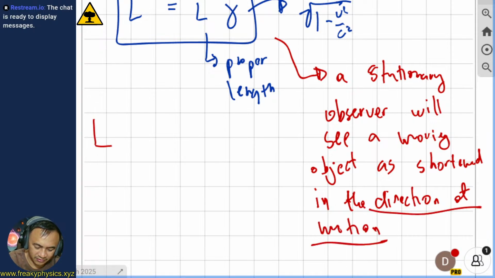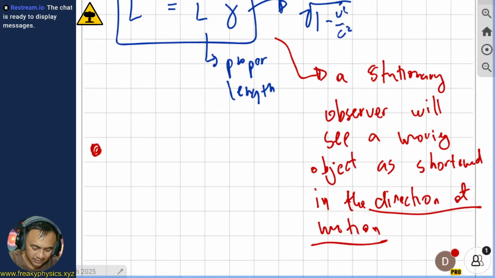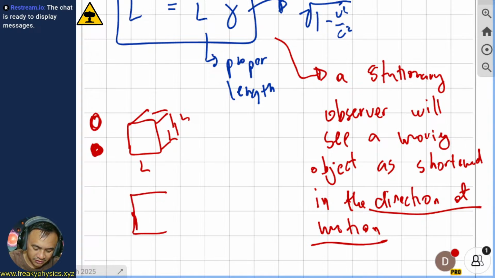So for example, let's say that this is the observer, and then this is a box with dimensions L, like this. Okay, and then that stationary box with dimension L, once it starts moving, two of its dimensions will stay at L, namely these, but this part will be L prime.